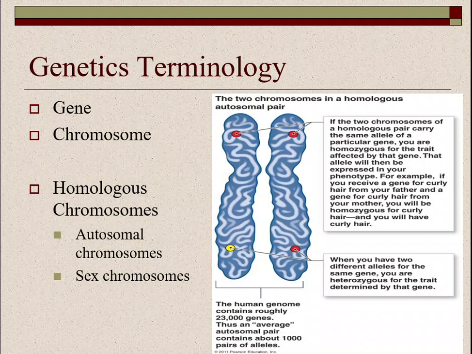So, what is a gene? A gene is the biological, or you can say the functional unit of heredity. Like I said before, it determines the traits of an individual. It basically is a sequence of DNA that encodes the information to make proteins.